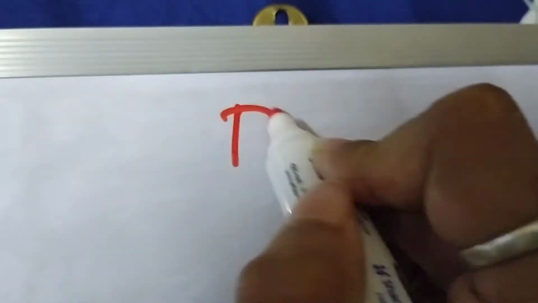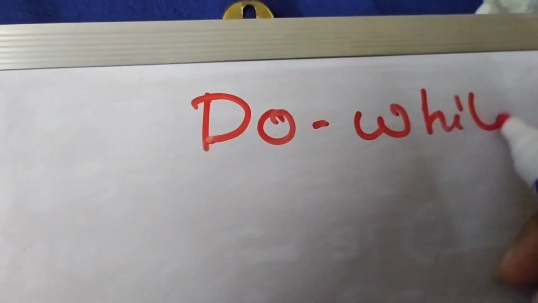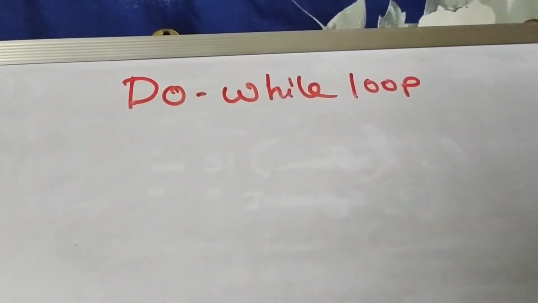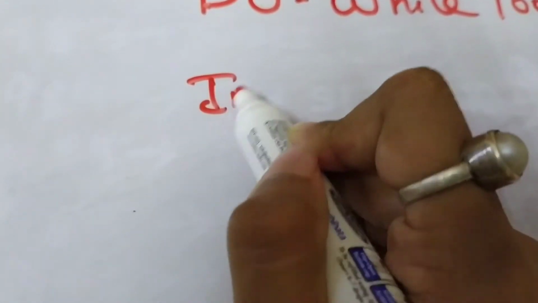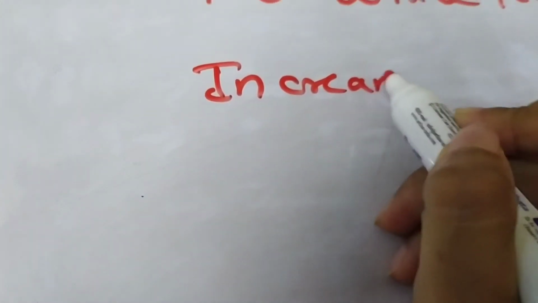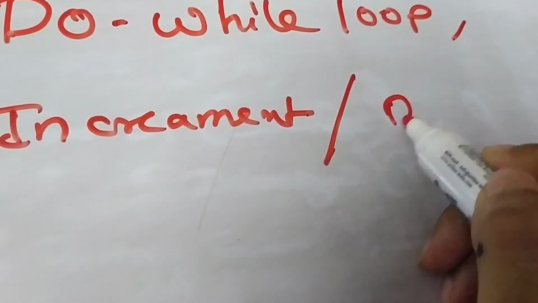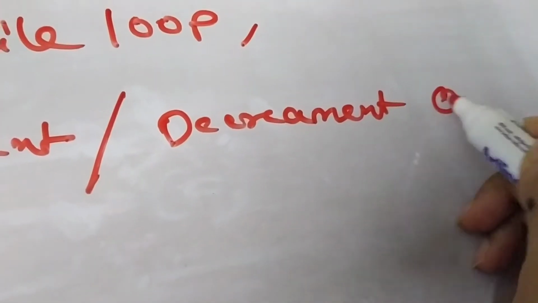So I am giving the heading: do while loop, and increment decrement operator.